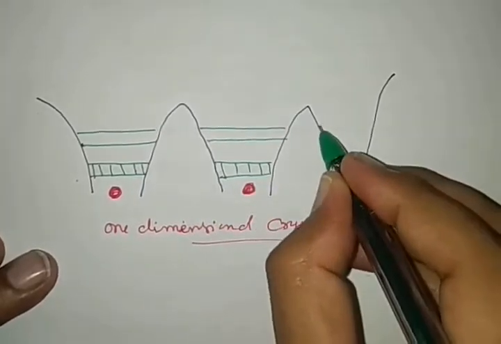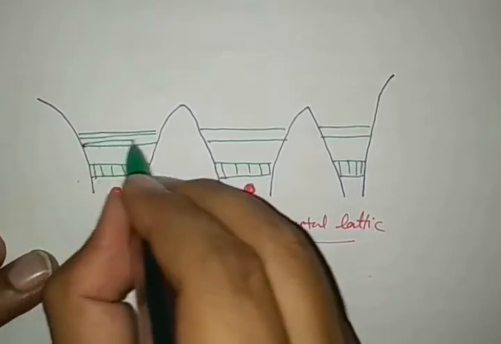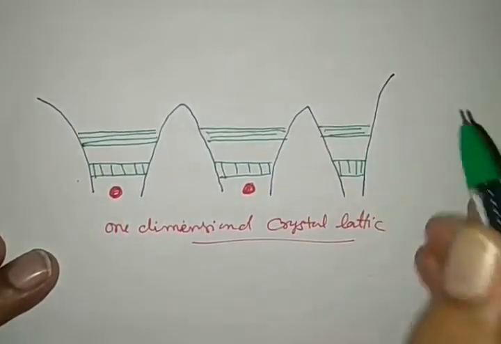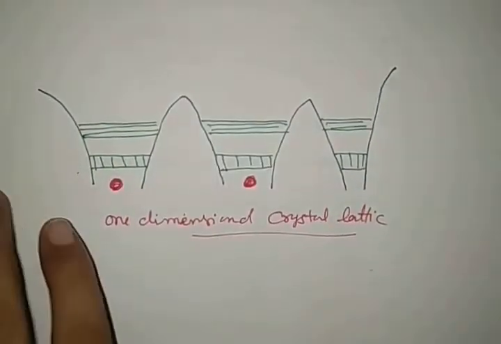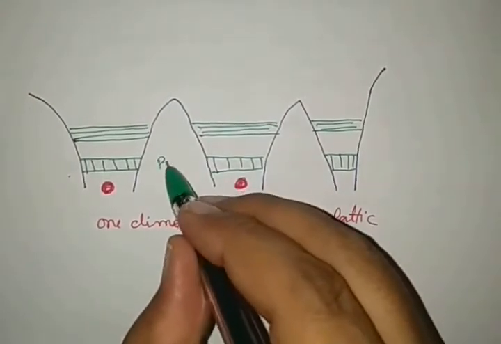The energy band is formed. A number of bands are formed here, just like above. And this is the position of the potential barrier.